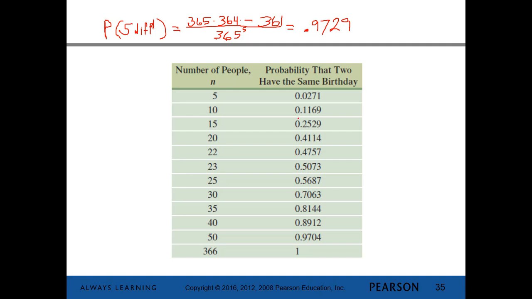And so you could easily fill out this table by using the complement rule, because as you increase the number of people, this probability is going to go down, and this probability then has to go up all the way up to 1, where obviously at 366 you're going to have a 100% chance because there's only 365 days that we're using. Okay, so that's one way of filling out a table and using permutations or combinations to help solve problems.